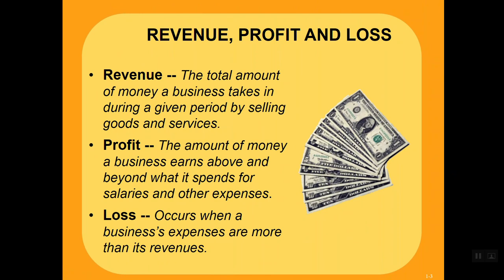You compare that to how much the business is spending in order to help it earn that revenue, which are called expenses, and the result will be either a profit or loss. A profit is the amount of money a business earns above and beyond what it spends for salaries and all of its expenses. A loss occurs when a business's expenses are greater than its revenues.